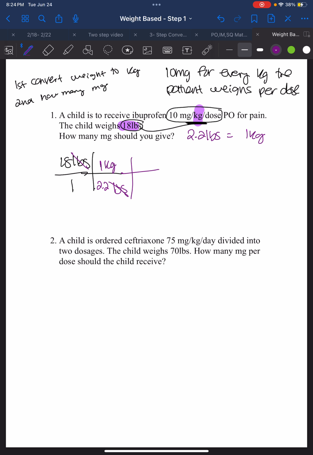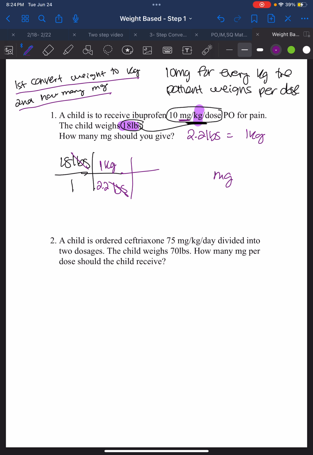Perfect. Now, we need to figure out milligrams. So first, convert the weight, which we did. Now we need to figure out how many milligrams. So right now we have kilograms, and somehow we need to end up in milligrams. And how are we going to do that? You're going to go back up to this equation because this is where the milligrams is involved. And remember I told you this is saying 10 milligrams for every 1 kilogram.